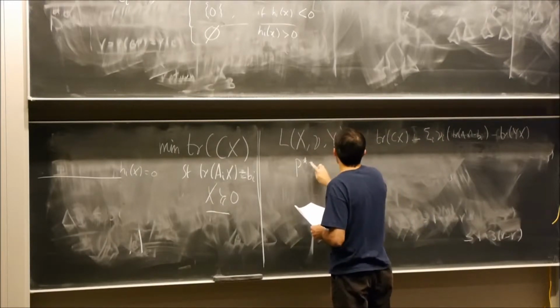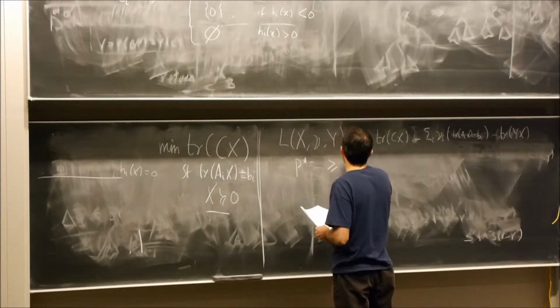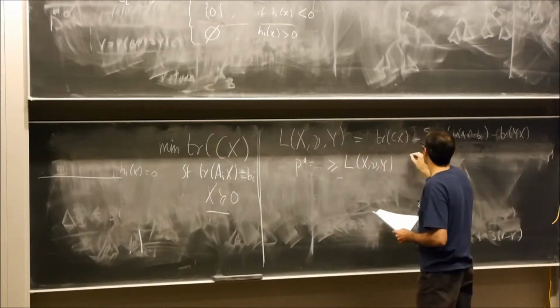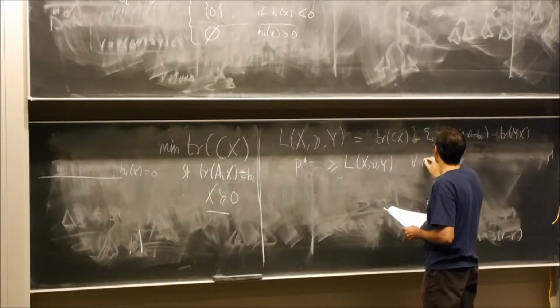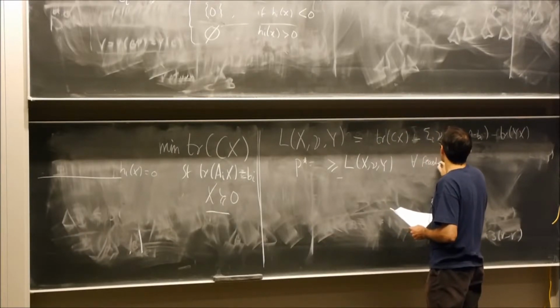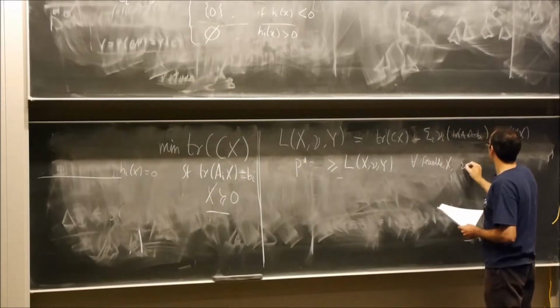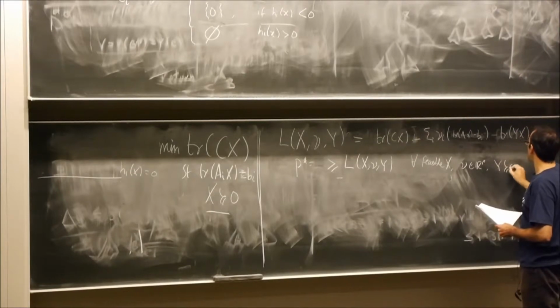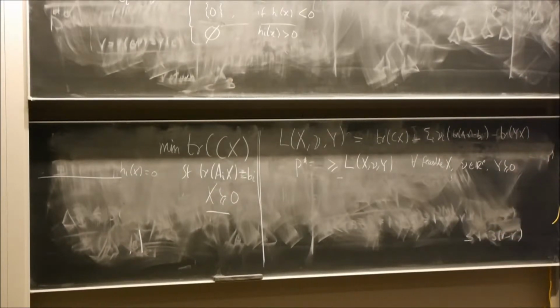Do you agree that P star is bigger than L of X, nu, Y for all feasible X, nu belongs to R to the n, and Y being semi-definite? So we are just trying to see what might be a reasonable way to create duality theory for semi-definite programming. And why does this work out?